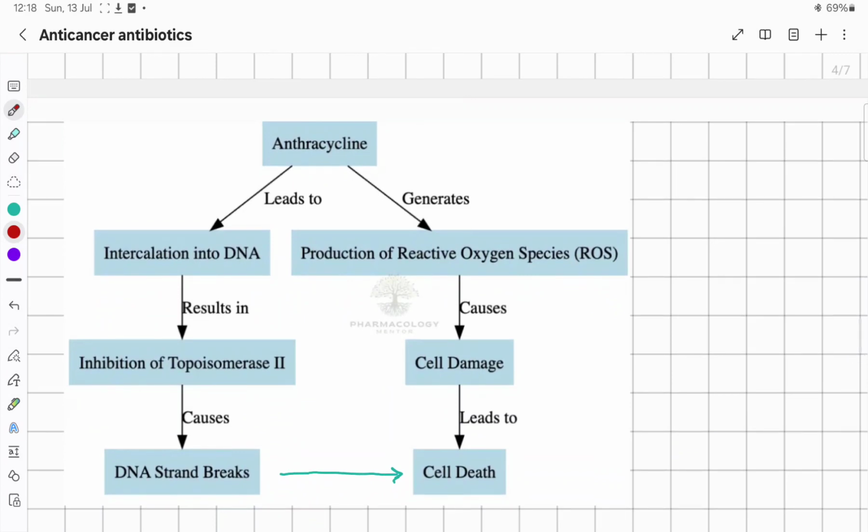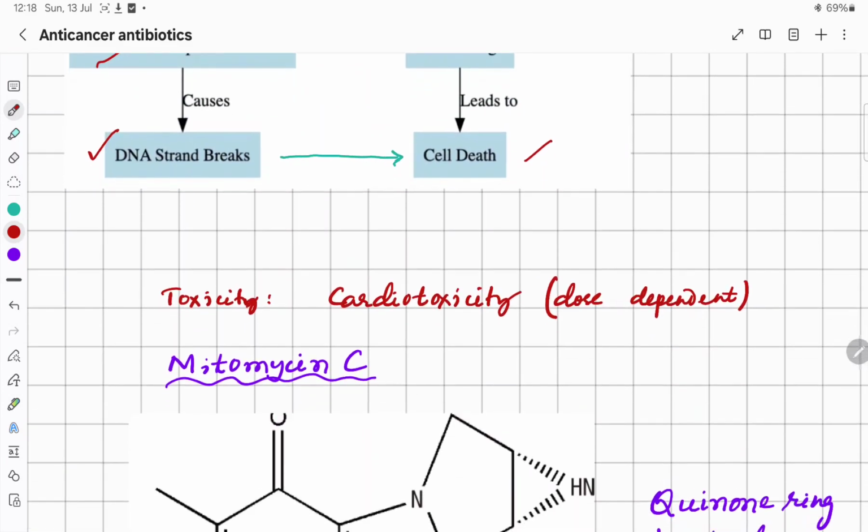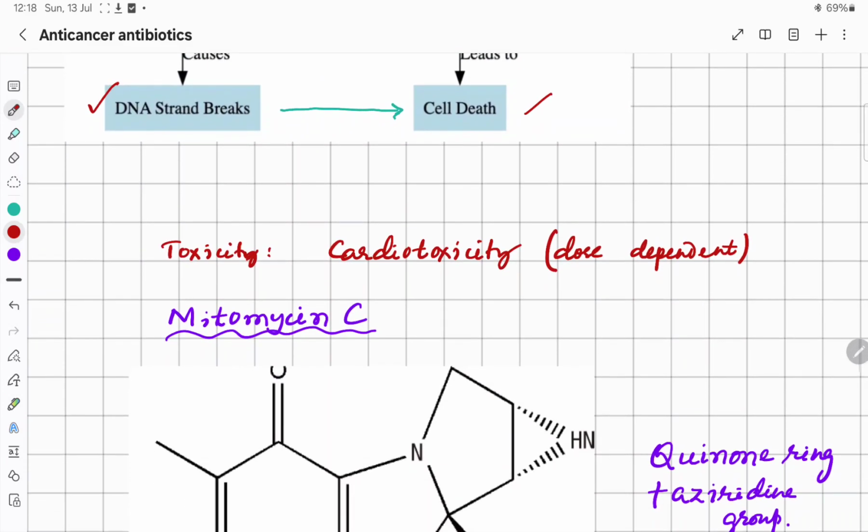The free radicals, the reactive oxygen species, can also cause cell damage, ultimately leading to cell death. They have toxicity, cardiotoxicity, which is dose dependent.